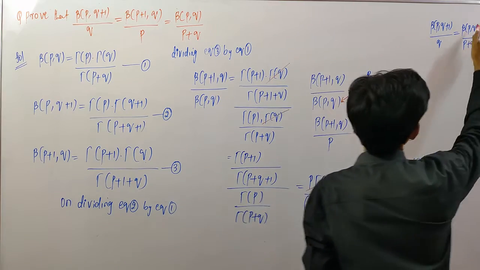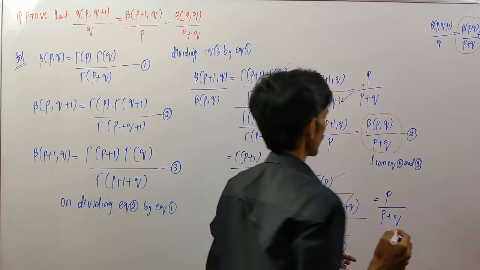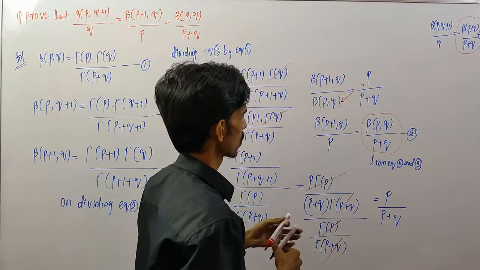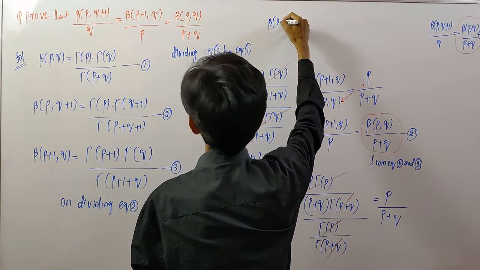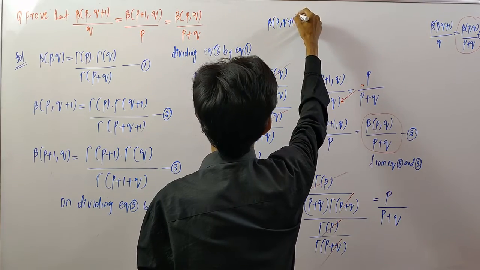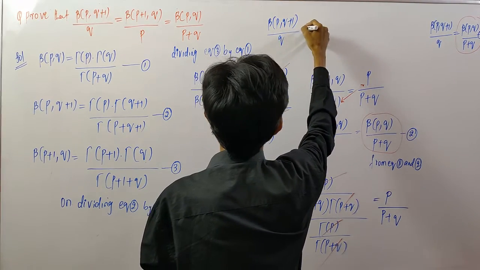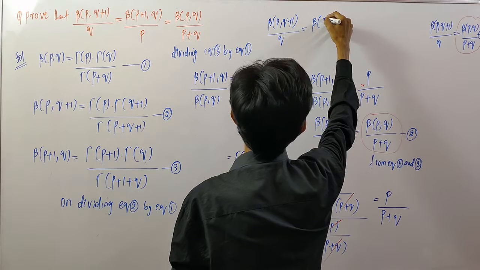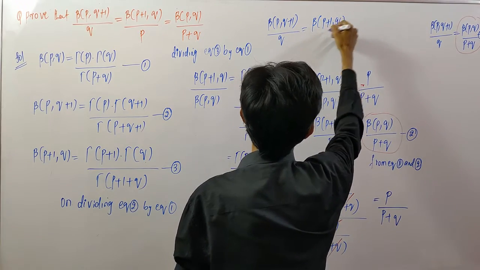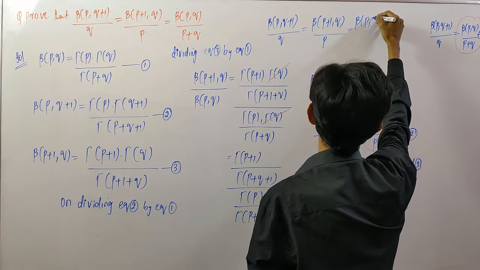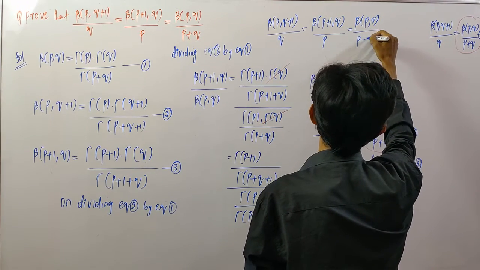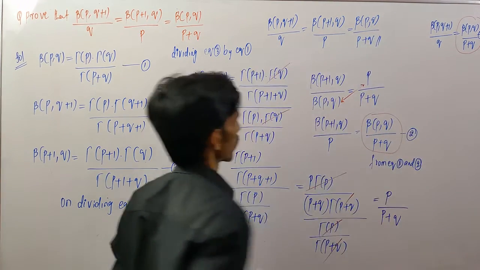Here this value and this value are same, so we can equate these three values. Finally we will get beta of p comma q plus 1 divided by q is equal to beta of p plus 1 comma q divided by p is equal to beta of p q divided by p plus q.